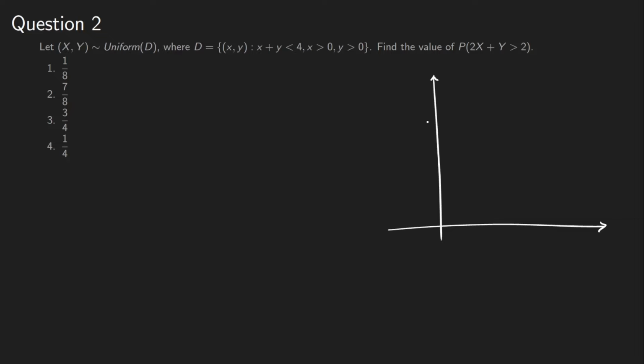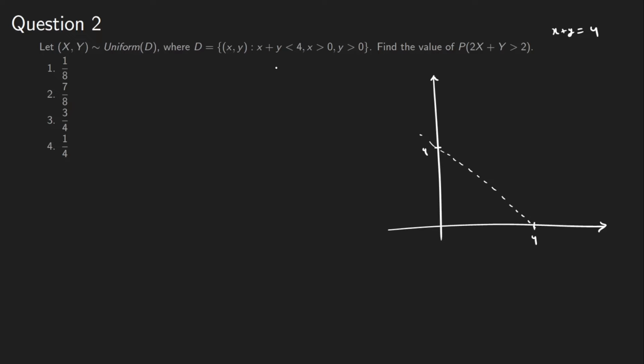We have been given the region where x plus y is less than 4. So first of all, what is x plus y equal to 4? This is clearly a line.